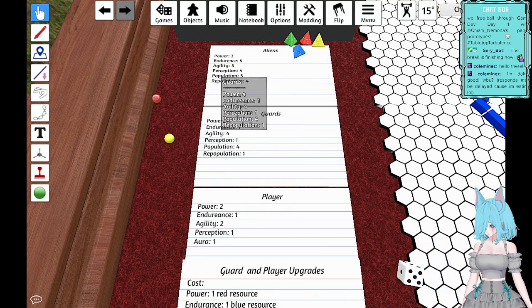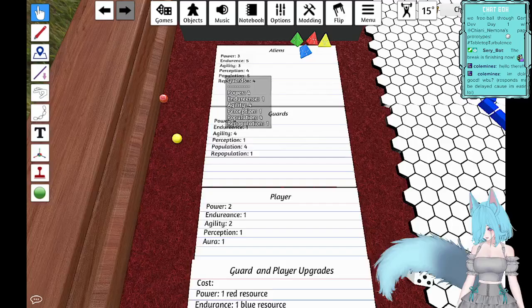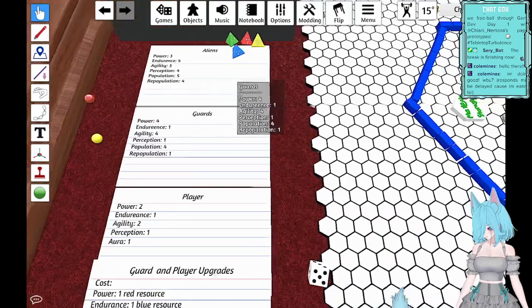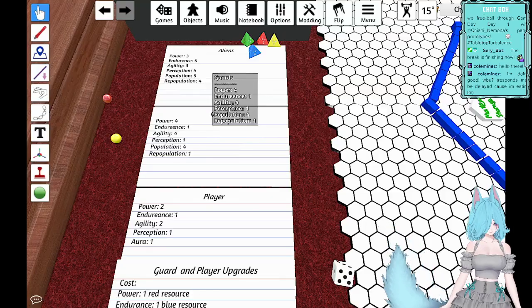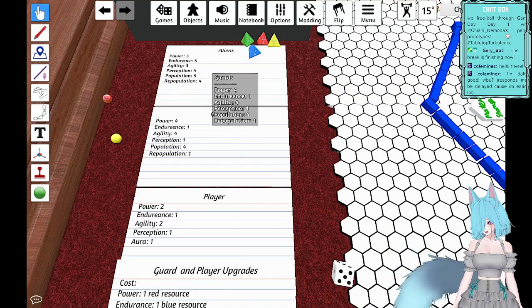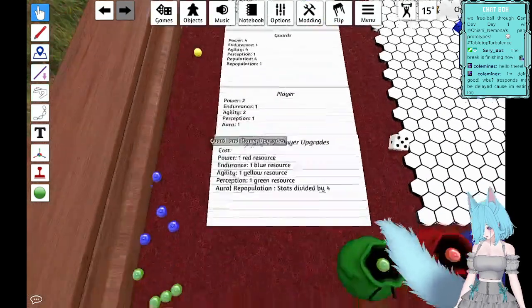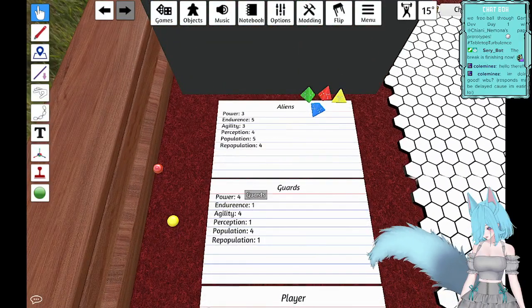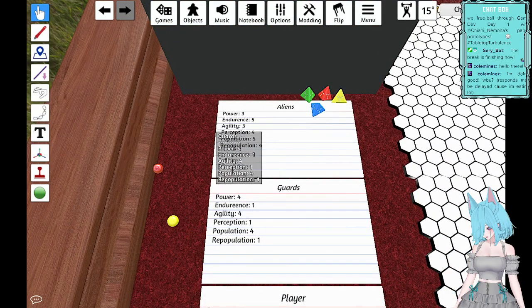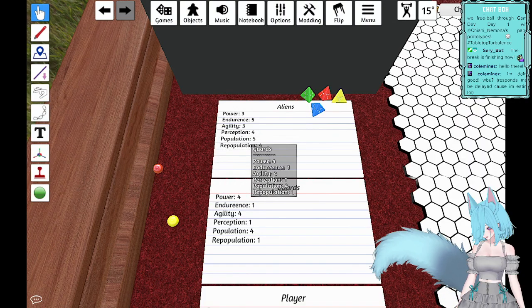Yeah, so they're gonna one-shot us. So we're going to... Then again, we also have to think about this. 4-4.